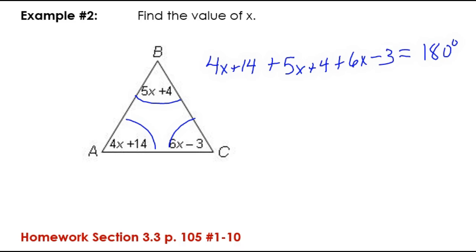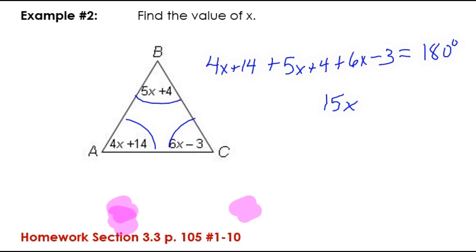All right, so I can see some like terms here. I've got some variable terms, all the ones with x's, that I can simplify. So when I look at that, I have 4x plus 5x, which gives me 9x, plus 6 more x, which gives me 15x.